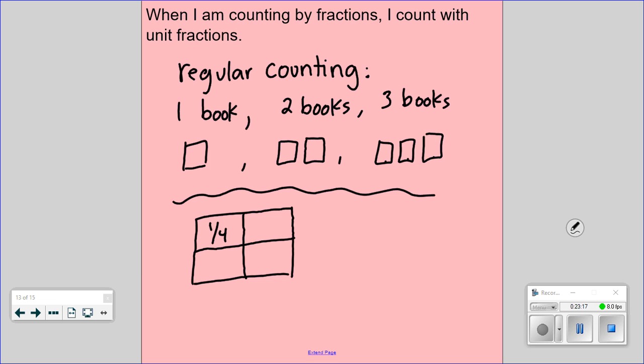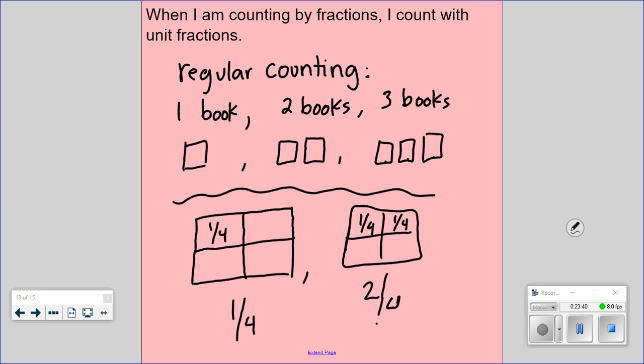Now, if I wanted to know about 2 pieces, I would say 1/4. Oops, I wrote 1/2. 1/4. 2 1/4 pieces is equal to 2/4. If I have 3 1/4 pieces, guess what it's going to be? 3/4.